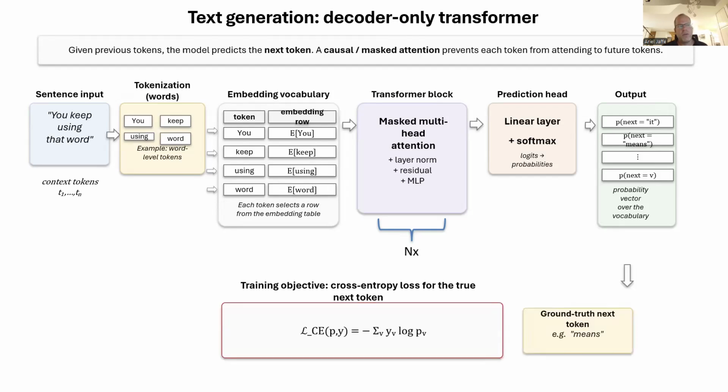During training, we try to minimize a standard loss, cross entropy, between the output probability vector and the actual next word, which is a one-hot vector that assigns a one to the actual next word, and zero otherwise. This is a measure of difference between the actual output and the prediction vector. So this is a very simple, plain vanilla transformer for generating text.